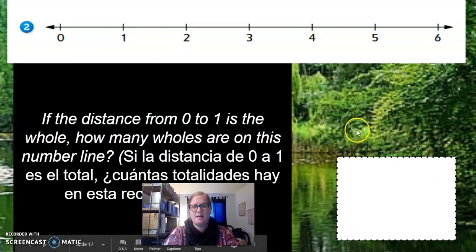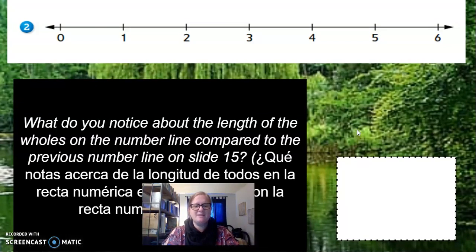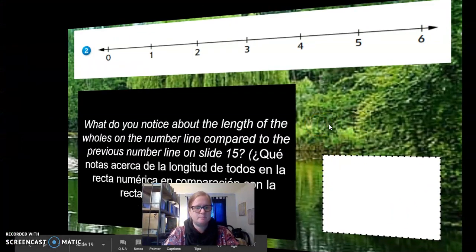And put your answer right here. What do you notice about the length of the wholes on the number line compared to the previous one on slide 15? Okay, what do you notice about this that is different from slide 15? And go ahead and put it right here.